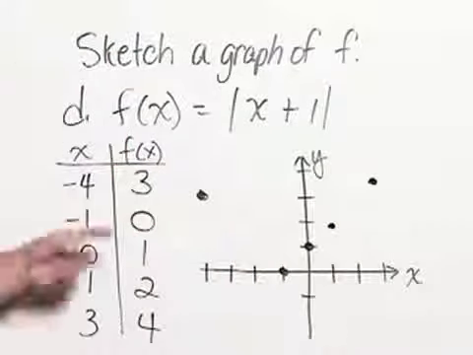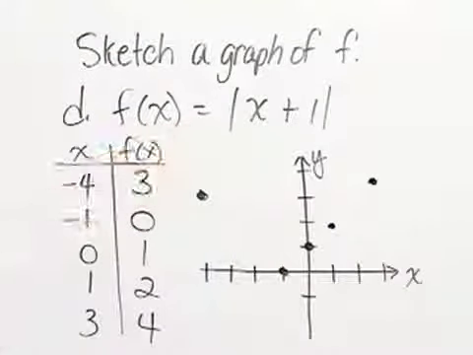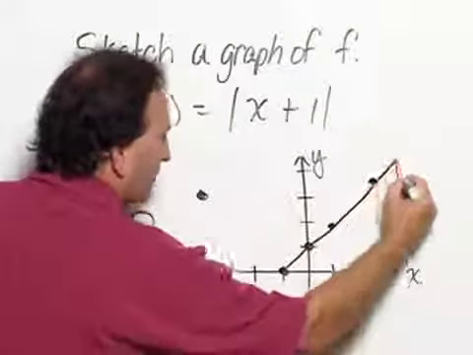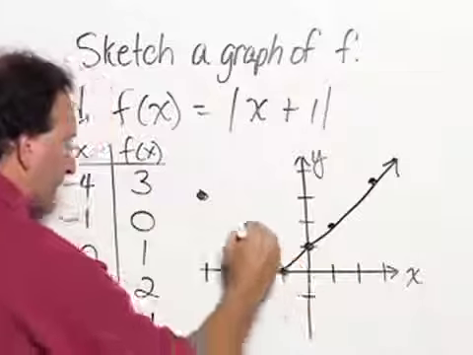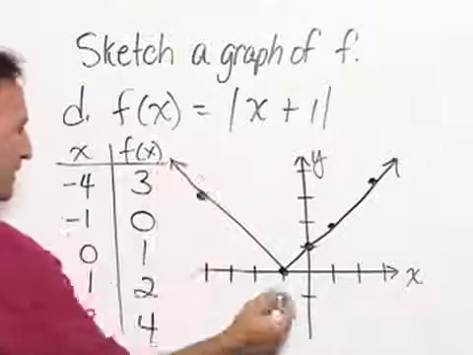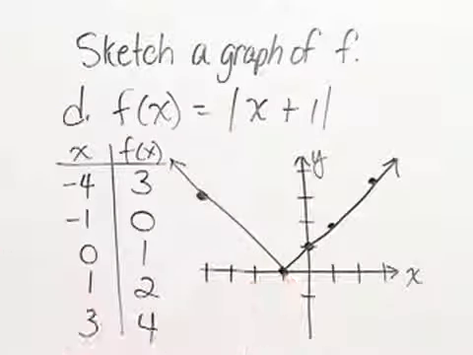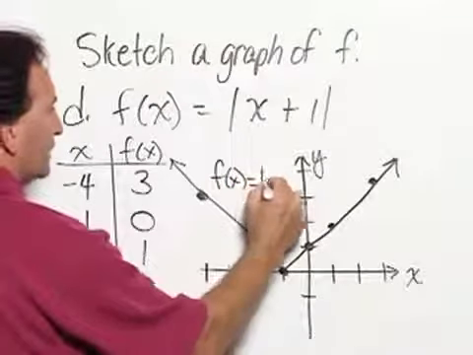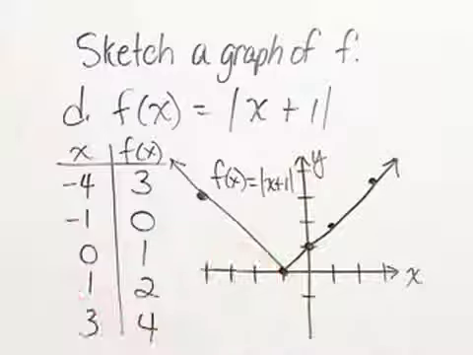And so remember, the shape of an absolute value is V-shaped, so you can see that what we have going on is our V with the turning point at negative 1, comma 0. And this is f of x equals the absolute value of x plus 1.